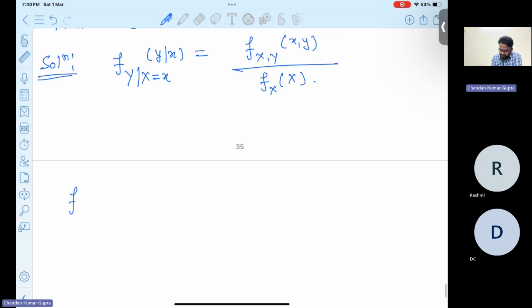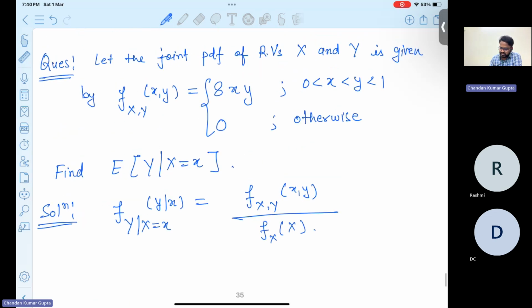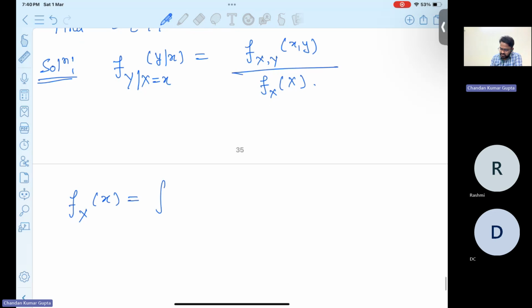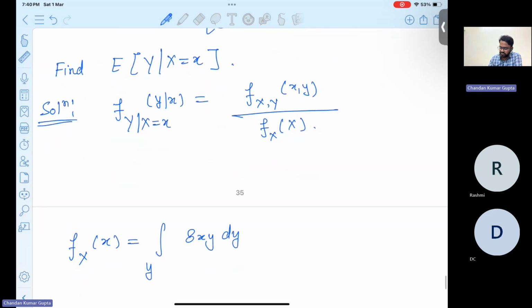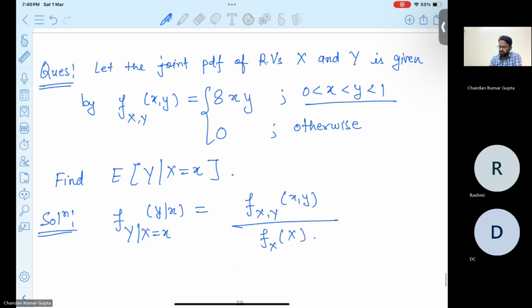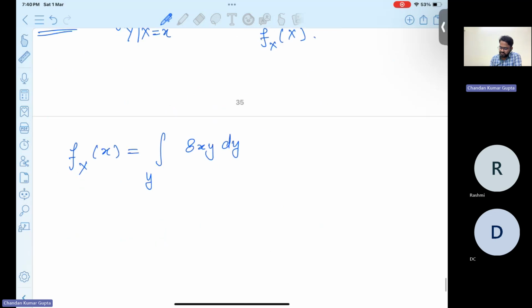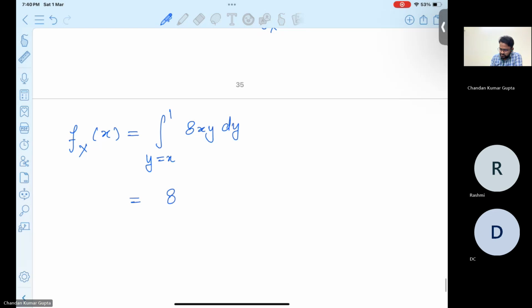So f_X(x) is the integral of 8xy dy, and the range of y is from x to 1, since y lies between x and 1. 8x is common, so we have y squared by 2 from x to 1, which gives 8x times (1/2 minus x squared by 2).